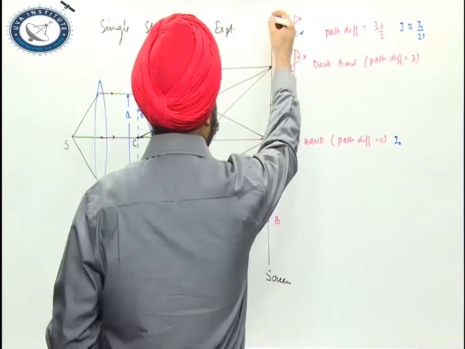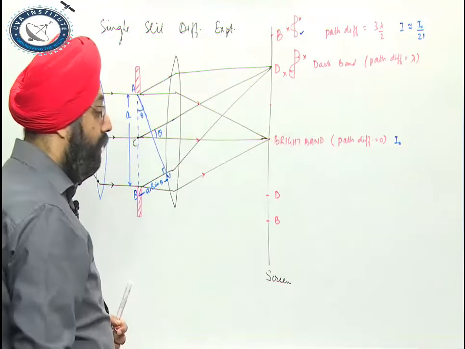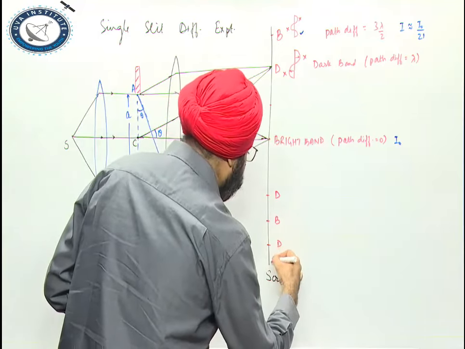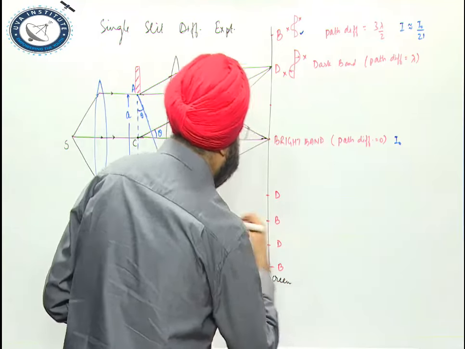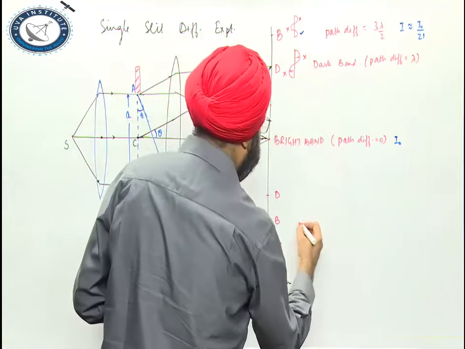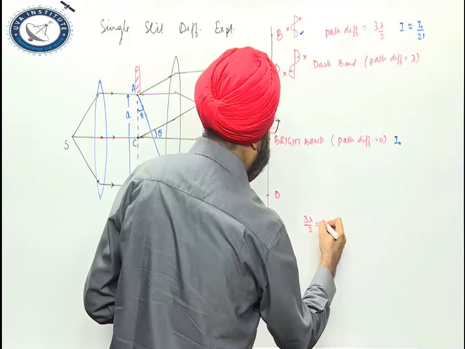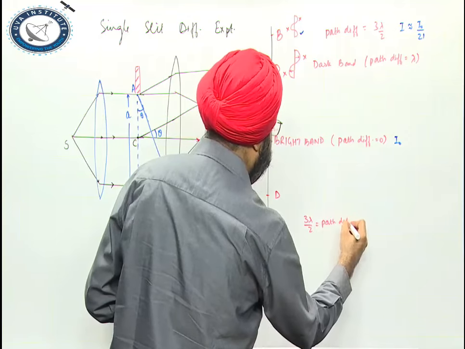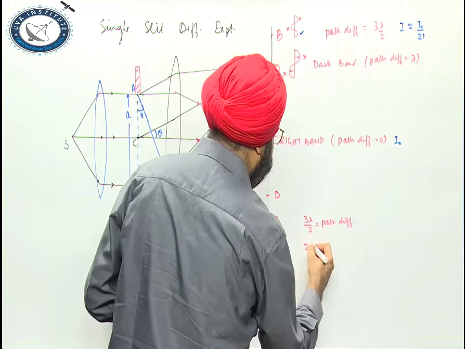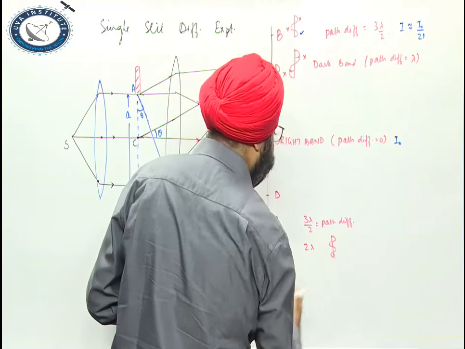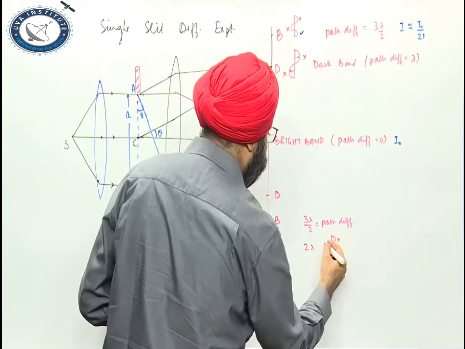Again, if you move in the upward direction, again dark, and then you have bright. Here you have path difference 3 lambda by 2. This is your path difference. And here you have path difference of 2 lambda. 2 lambda means 2 crests and 2 troughs. They will be cancelled out.